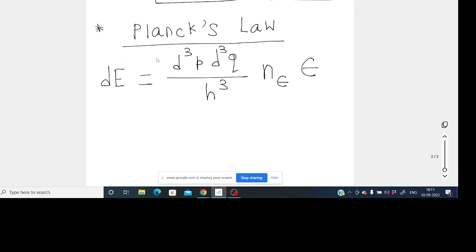Okay, what is this? Let's say this is equal to some dE, some amount of energy. Now what is this epsilon? This is equal to pc, for a photon. The energy is equal to pc. And the occupation number n of epsilon is equal to 1 upon e to the h nu by kT minus 1. Right.